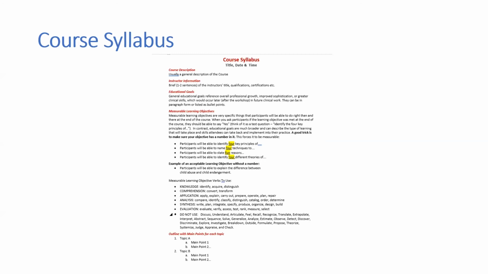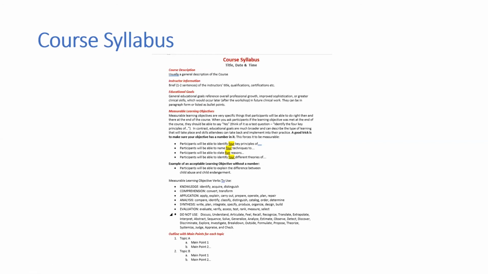I will just quickly point over what the BBS requires in a course syllabus. The rest would be CAMFT's best practices. So on the bottom here, we have the outline with main points for each topic, the educational goals, and measurable learning objectives.